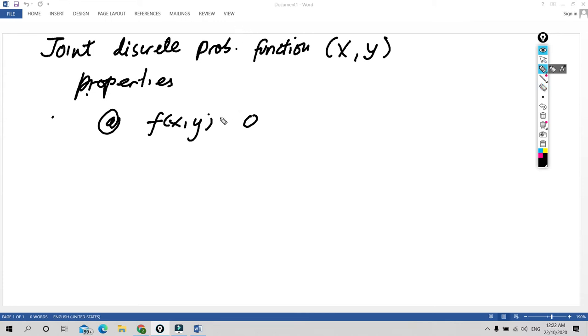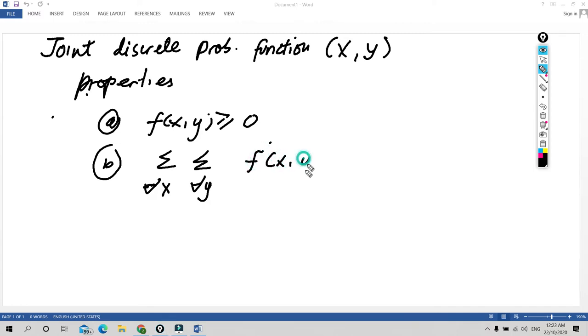Okay, this must be greater than or equal to 0. And the second property is that the summation for all x and for all y of f(x,y) must equal 1.